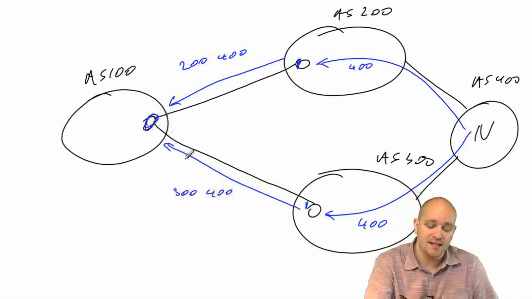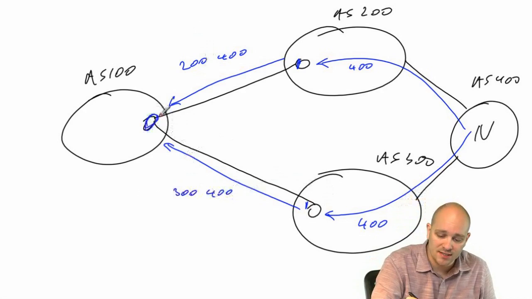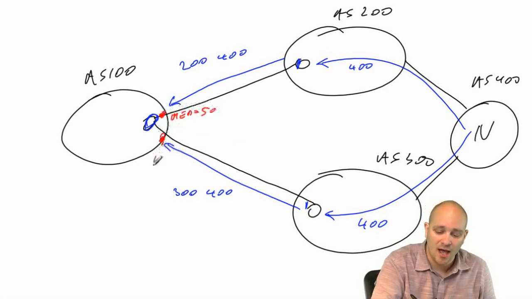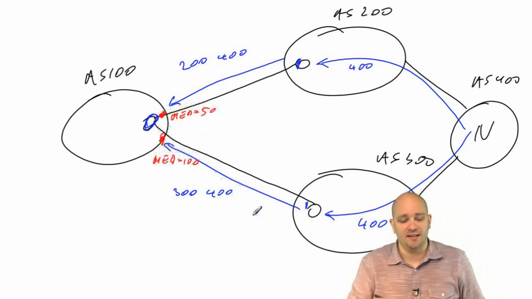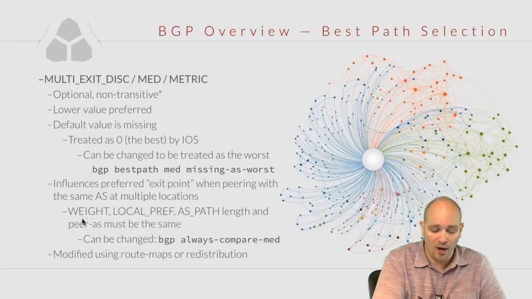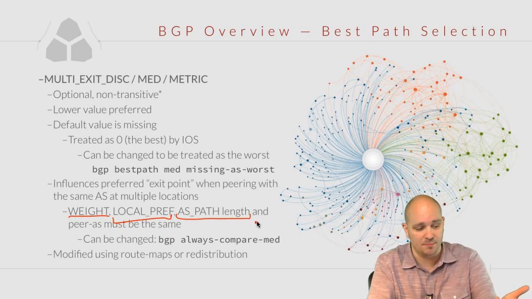Now, if on this side here, in the inbound direction, I assign MED, so on this session I say, okay, I want to have this as MED 50, and on this side here, I want to have MED as 100, this will be ineffective. Let's say that the weight is the same, the local preference is the same, the default AS path length is the same.